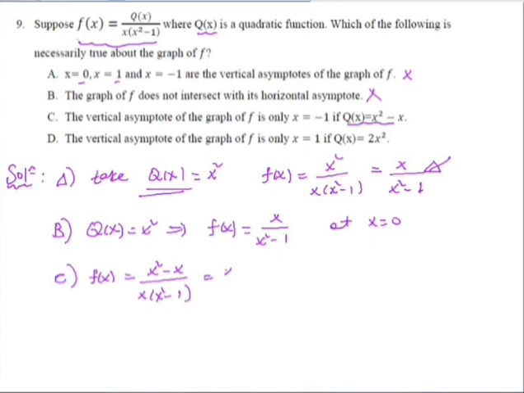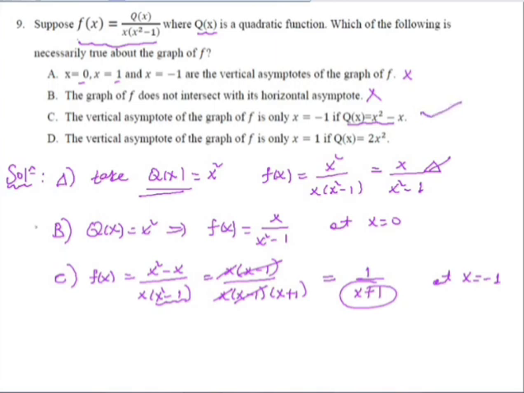We can factor the numerator, so it becomes x times x minus 1 over x times x minus 1 times x plus 1. Now we have something that can be cancelled out. The function simplifies to 1 over x plus 1. Definitely this function will have a vertical asymptote at x equals -1 only. The ones at 1 and 0 are holes. Therefore, the statement in C is necessarily true.